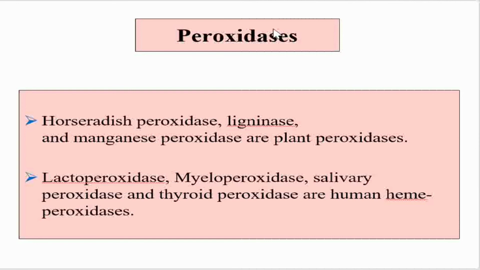If we look at peroxidases, where are they found, and what are the different peroxidases? Horseradish peroxidase, ligninase, and manganese peroxidase are plant-based peroxidases. While lactoperoxidase, myeloperoxidase, salivary peroxidase, and thyroid peroxidase are human heme peroxidases.